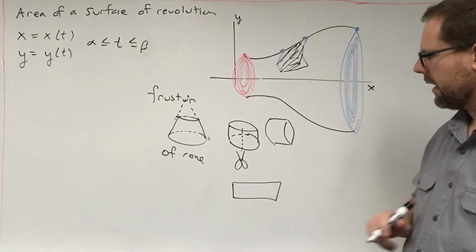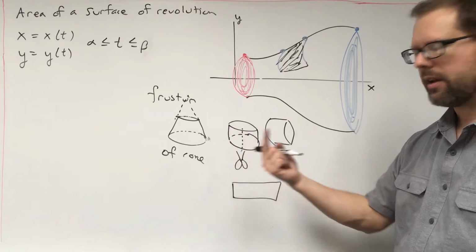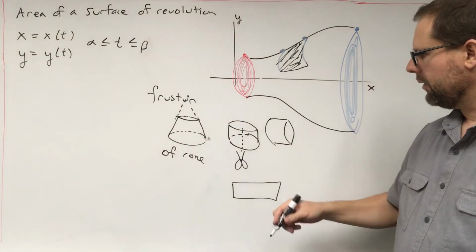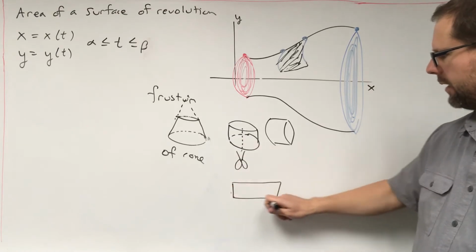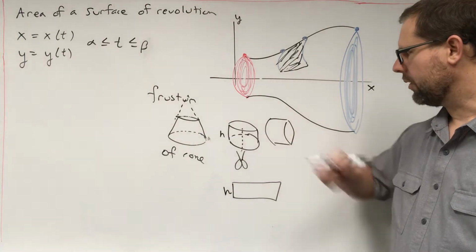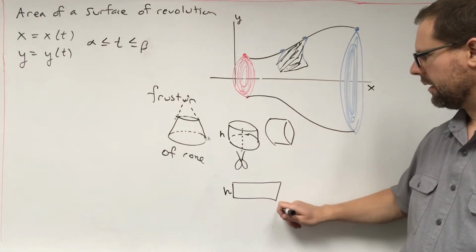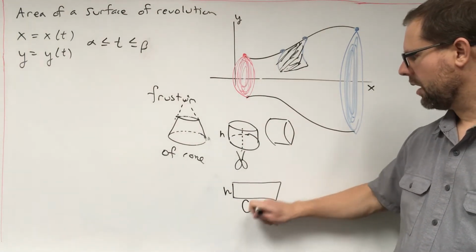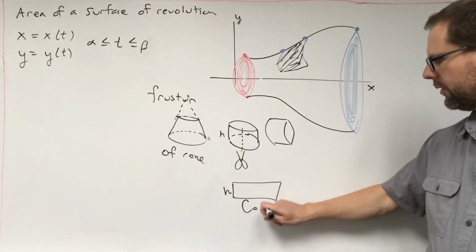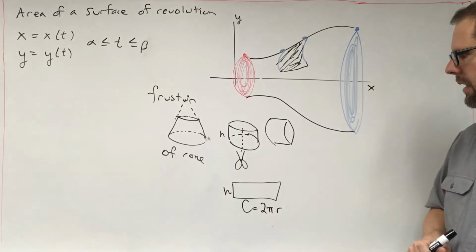And so on the one hand, we have the cylinder, and we have the lateral area of the cylinder we'd like to understand. But also we have a rectangle of the same height as our cylinder, but the length is going to be the circumference of the cylinder. And you know that the circumference is 2 times pi times the radius.